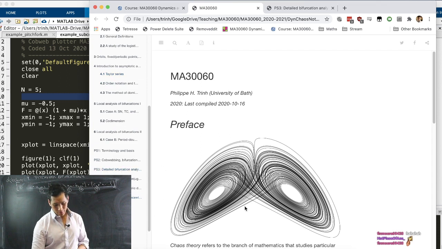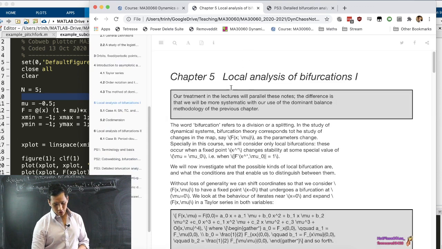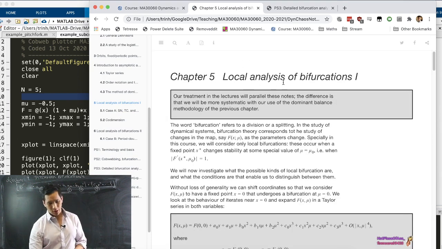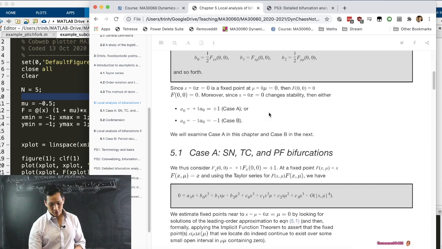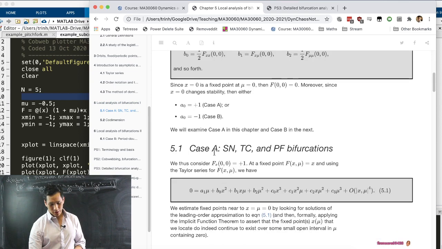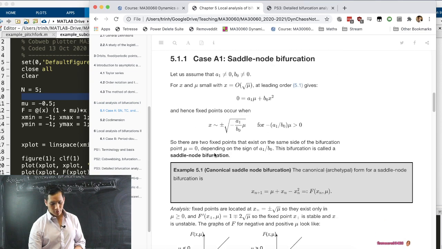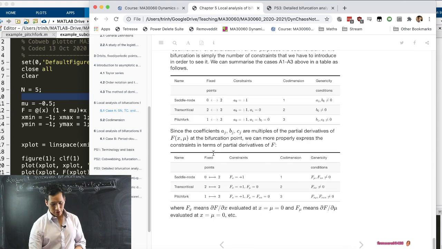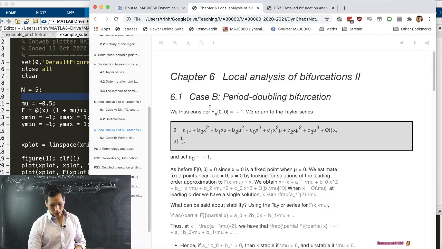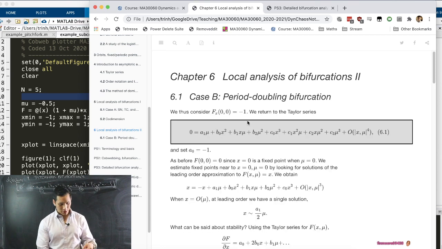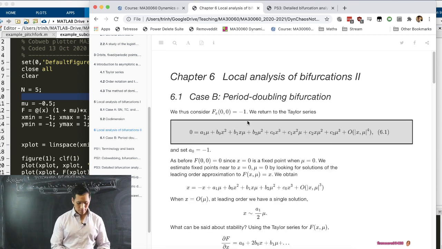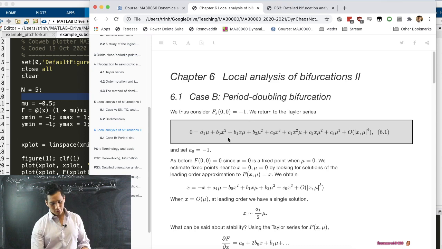Just to remind you, we are still working our way through Chapter 5, going through the different cases, case A1, A2, and A3, for the three types of bifurcations, and we're hoping to put an end to that today. And then finally, I think this will be addressed on Monday, Chapter 6 on period doubling bifurcation. But the techniques between the two kinds of bifurcations, case A and case B, are very, very similar.